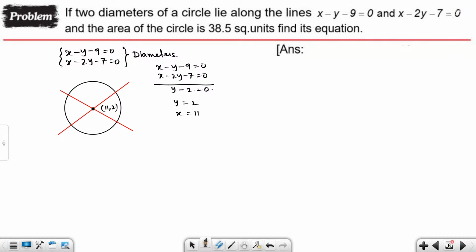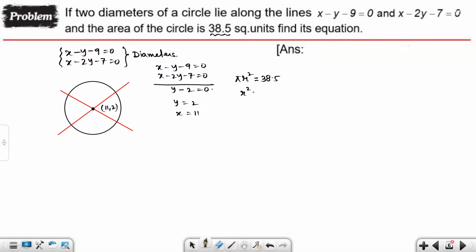Okay. Now what we need? We need the radius of the circle. And for that, we have been given a second condition that the area of the circle is 38.5 square units. We know that area of any circle is pi r square. So pi r square is basically 38.5.